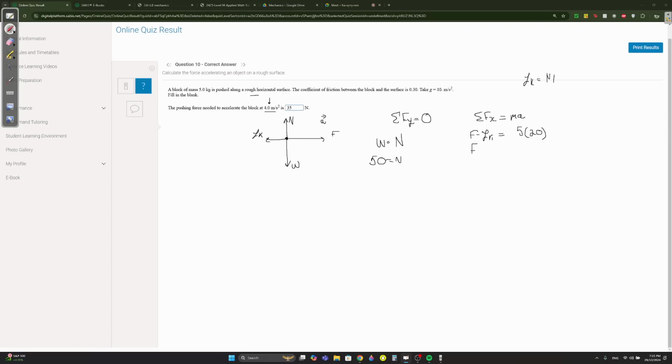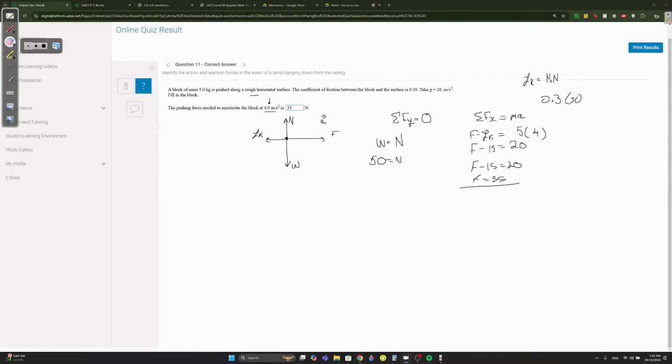It's mu k N, right? What's mu k? 0.3. The normal force, 50. So F minus 15 gets you 20. Whoa, not 20, acceleration was 4. So F minus 15 is 20, and F is equal to 35.